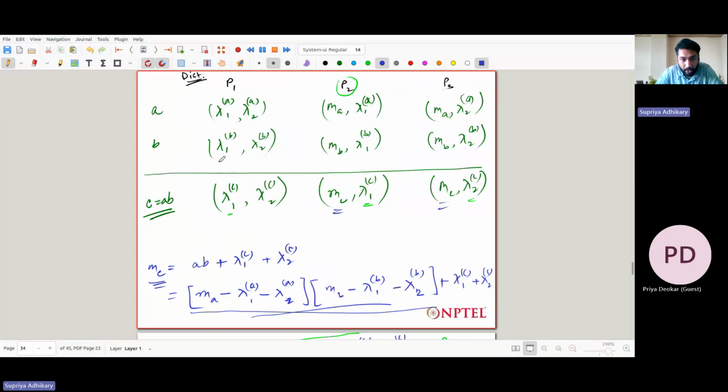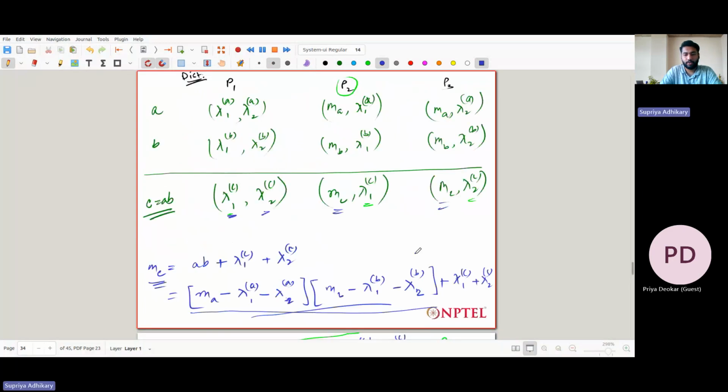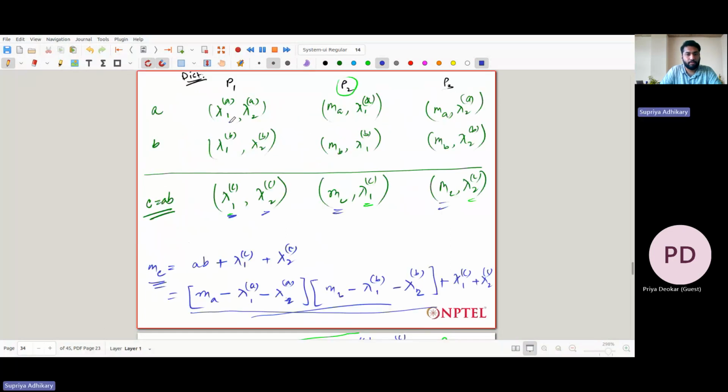So P1, P2, P3. P1 basically generates lambda 1C, lambda 2C, these two values, and it also computes the secret shares gamma C1 and gamma C2 for the value generated using these values.